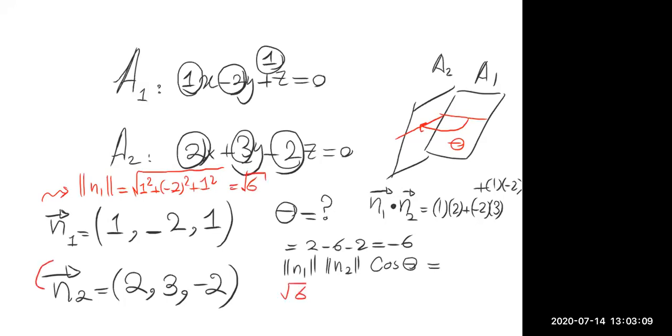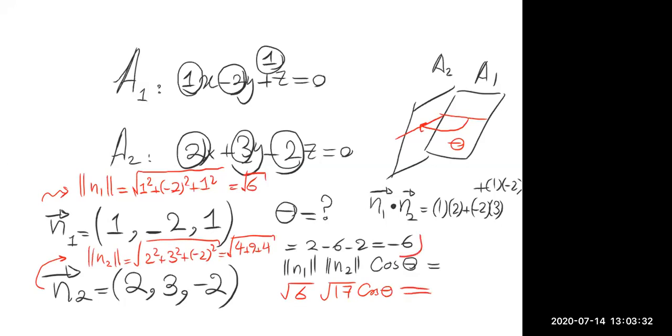What is the length of N2? It would be 2 squared plus 3 squared plus minus 2 squared, which is 4 plus 9 plus 4. It's square root of 17, times cosine of theta. So square root of 6 times the square root of 17 times cosine of theta should be equal to the other way we computed.